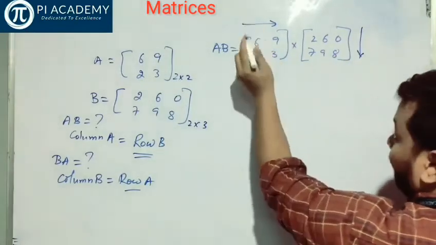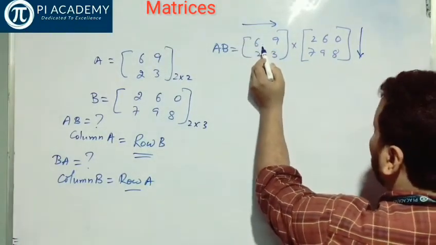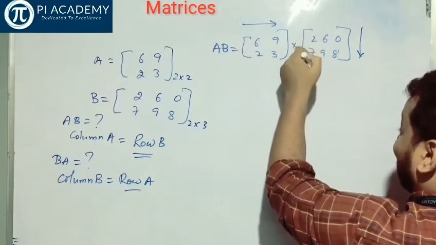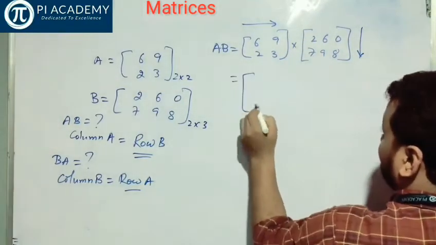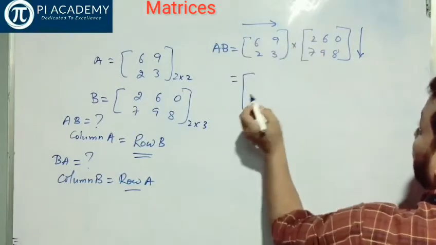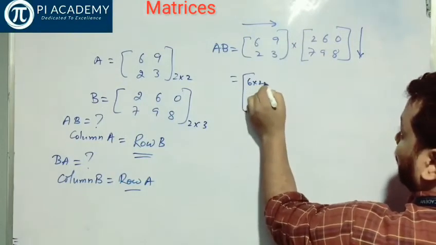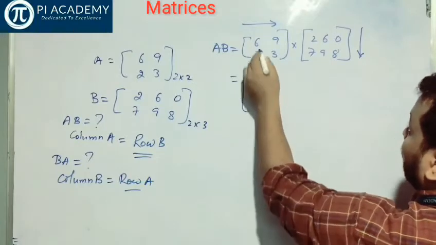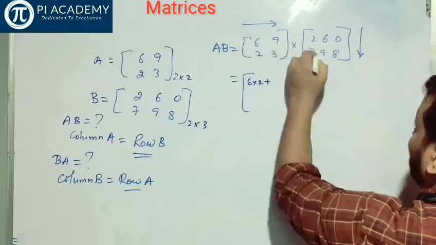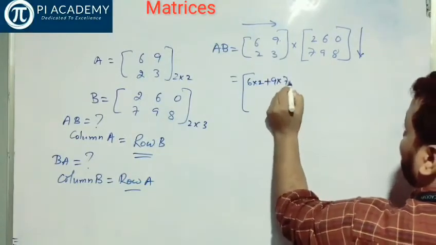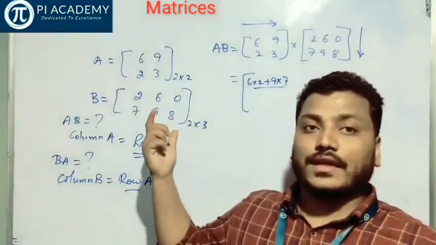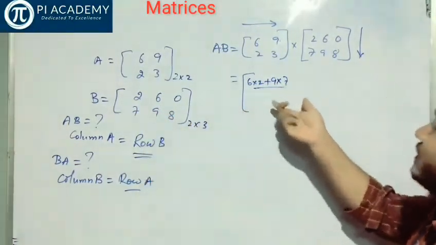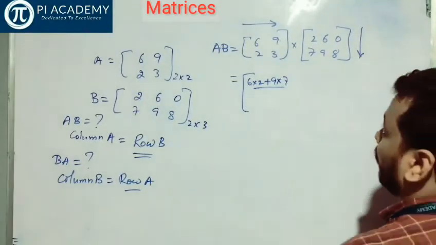This means the first element of the first row gets multiplied with the first column. So 6 will be multiplied to 2 plus 9 will multiply to 7. 9 into 7. So this will give you the first element of the product of A and B. This is the first element of the first row and the first column.